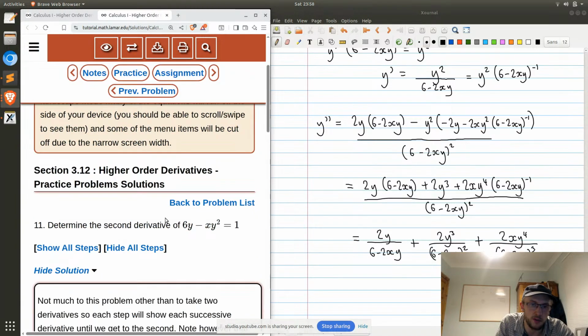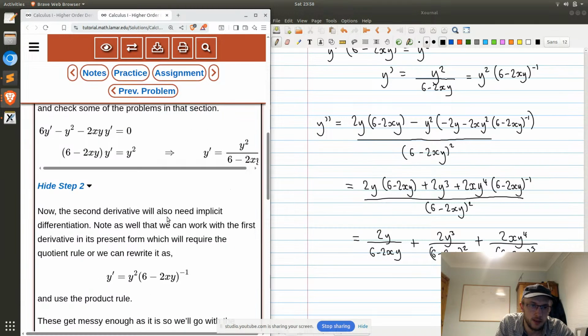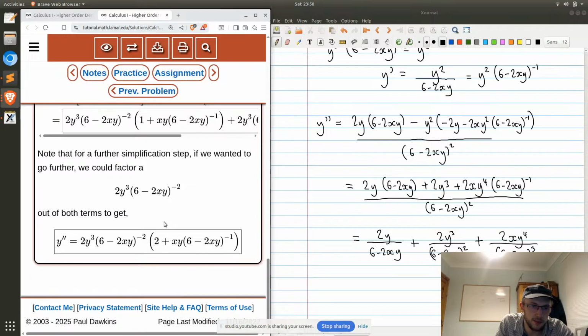It's not always possible, but if it is possible, why not try? Yeah, you see? All these negative indices and all that business. Whereas my personal way, I think it looks nice.